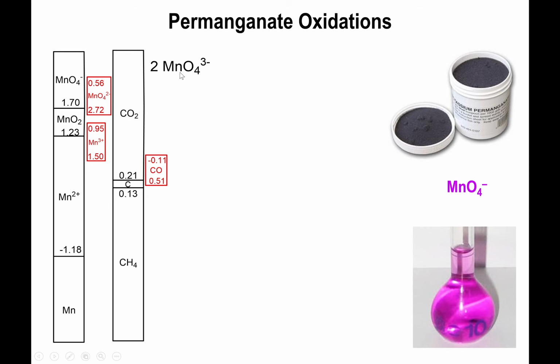Anyway, think of it this way. You take your manganese 7, which is permanganate, and you add 2 electrons from your alkene. Now you've reduced it to manganese 5, represented by the hypothetical formula right here.